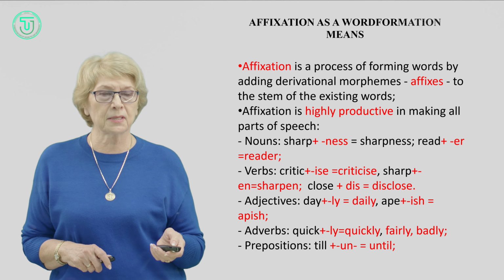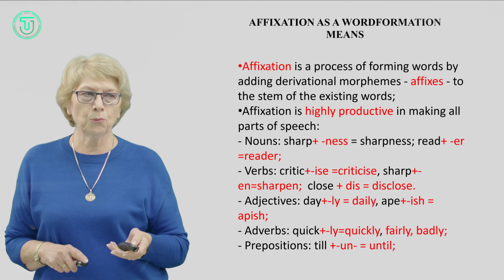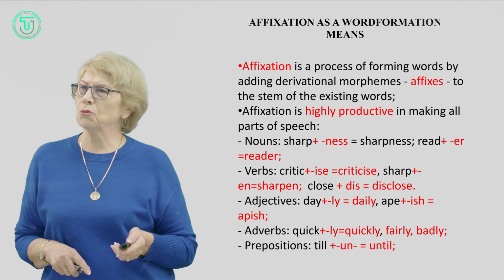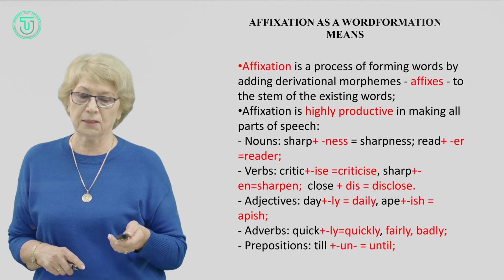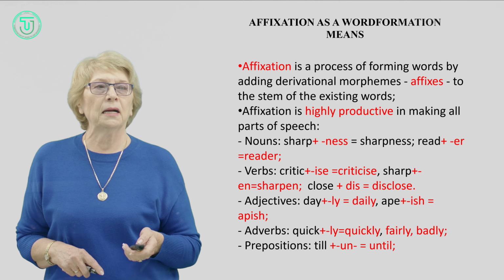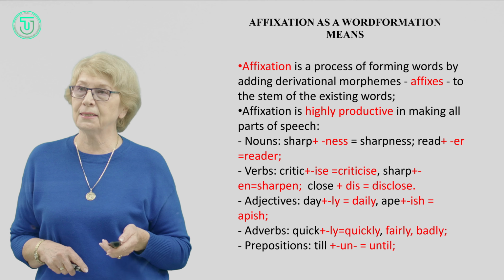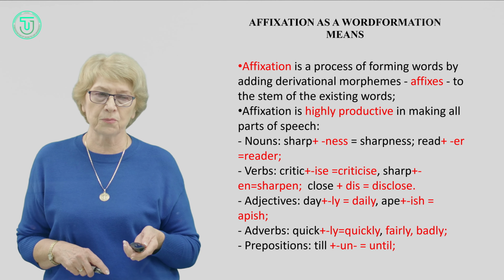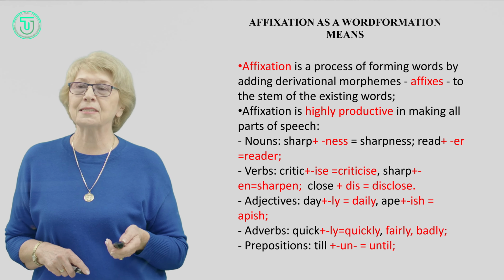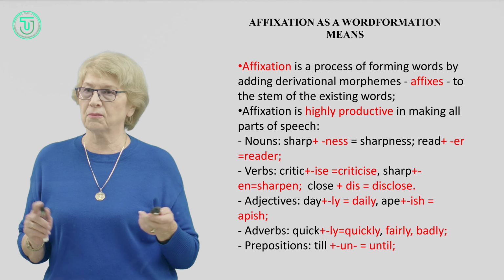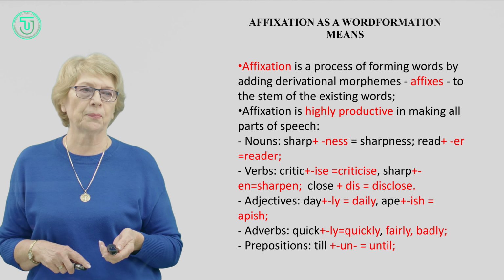The place of affixation within these means of word formation is very important because it is probably one of the easiest ways of making neologisms, of making new words. And this process includes forming words by adding derivational morphemes, which in one word are called affixes, to the stem of existing words, of other words which we use for making affixal words.